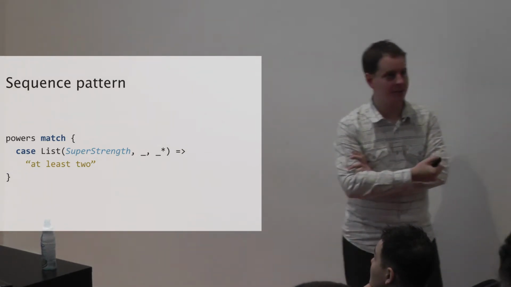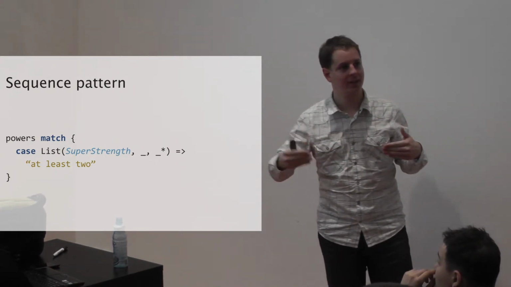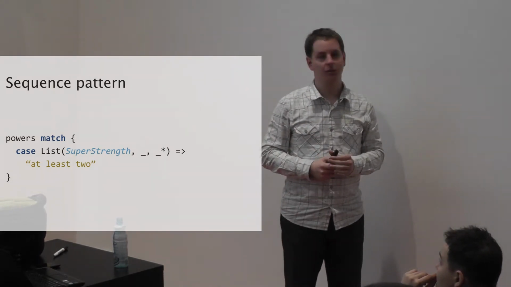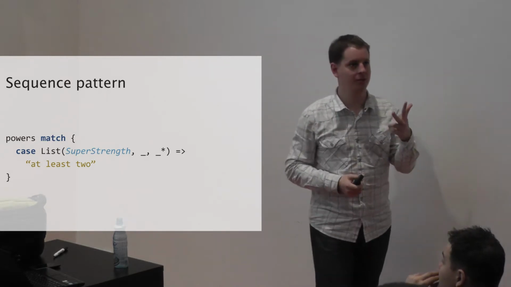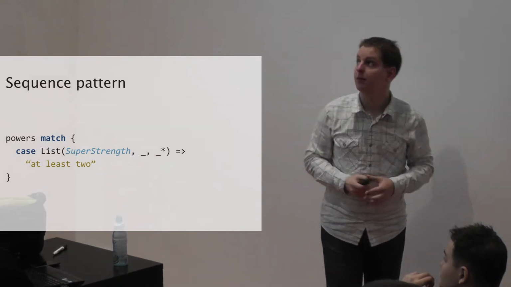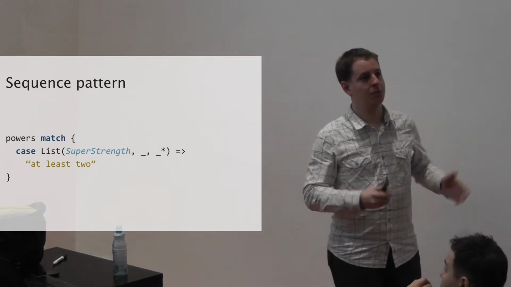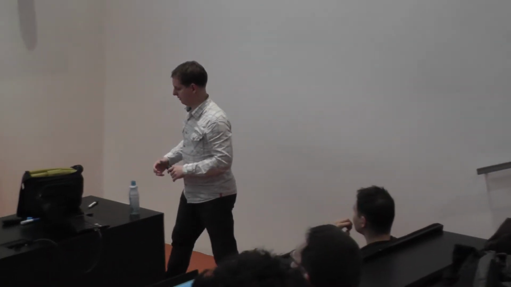But the constructor pattern matches the arguments of the constructor one by one, and it's a fixed number. So if you have a superhero which has 3 parameters, you may use only the three patterns. But in the sequence pattern, you may use any number of patterns which matches any number of elements. So in Scala it is not possible to have a constructor with a variable number of arguments? It is possible.